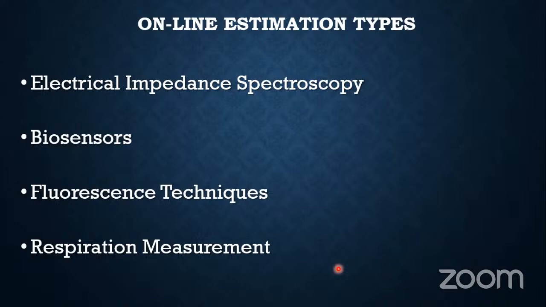It's a kind of example of flow cytometry. The same principle of flow cytometry that I described previously is also an example of fluorescent techniques for online estimation. Now, the difference is that it may not be applied in the same way, but it can have a specific device that is connected for this purpose.